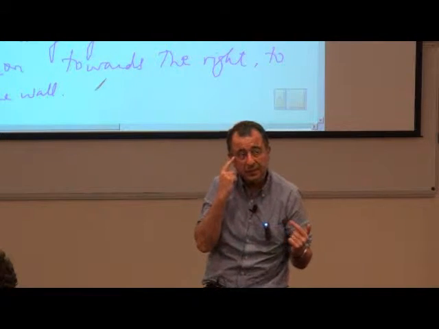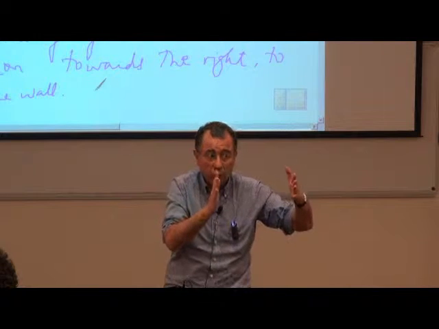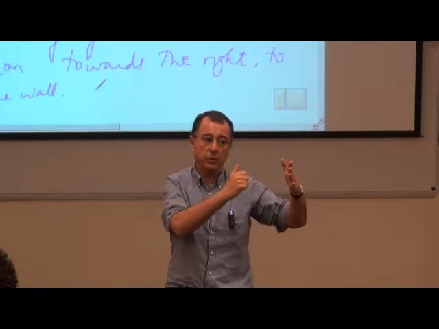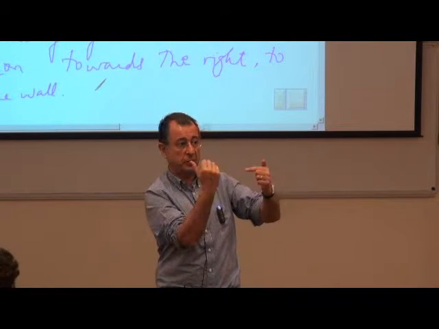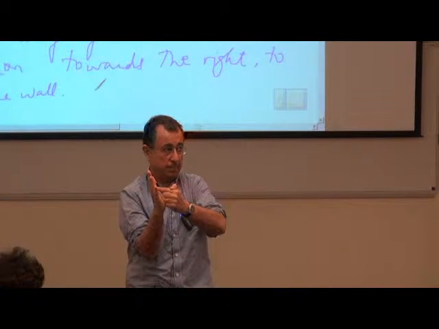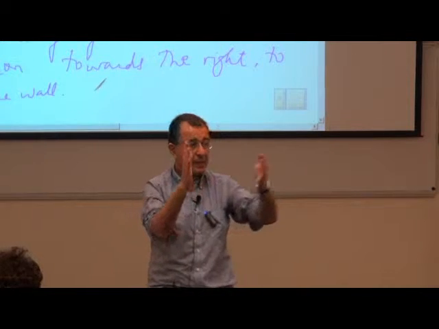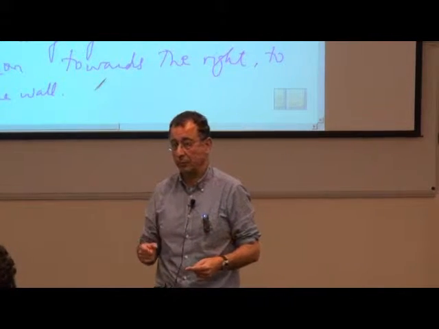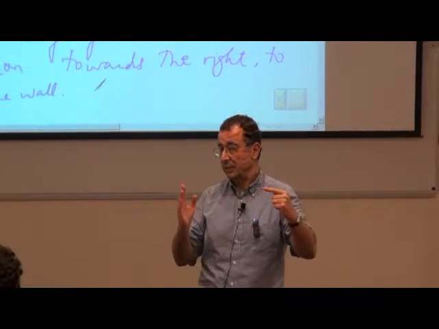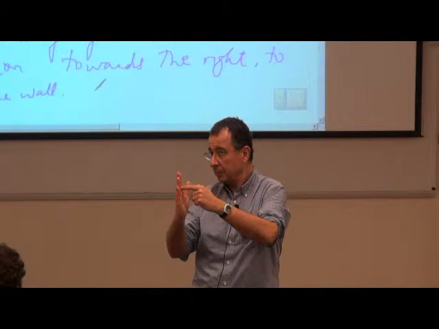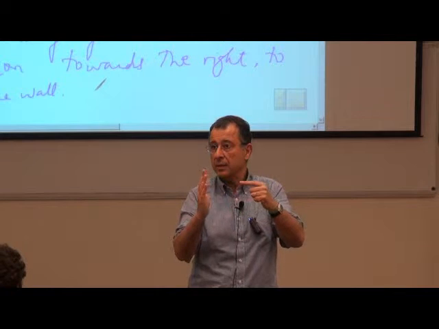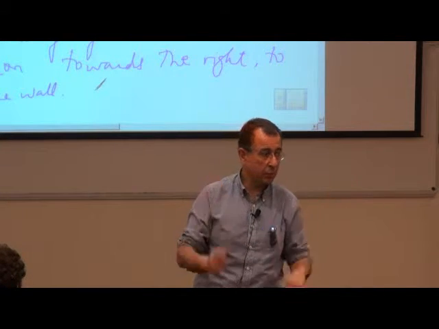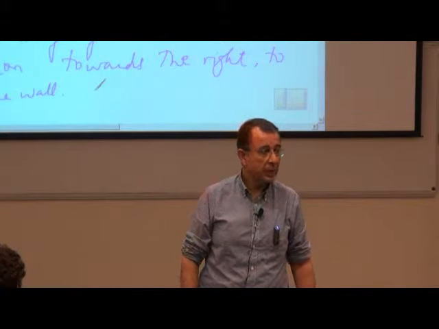But what I am interested in is, okay, this is the volume within which if a molecule is moving towards the wall, it will get to the wall. But not every molecule within this volume is moving towards the wall. Some of them are moving away from the wall. Okay?